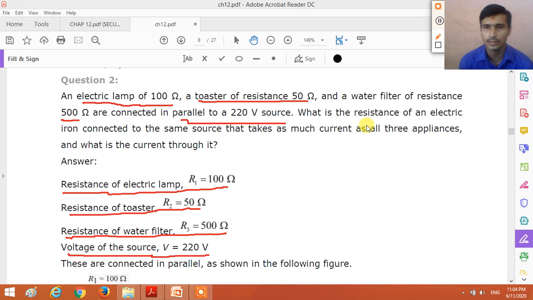Now what is the resistance? We need to find the resistance of the electric iron connected to the same source of the battery, 220 volt, right? As much current as all the three appliances. And what is the current through it? So we need to find here the resistance of the electric iron and the current passing through the electric iron.